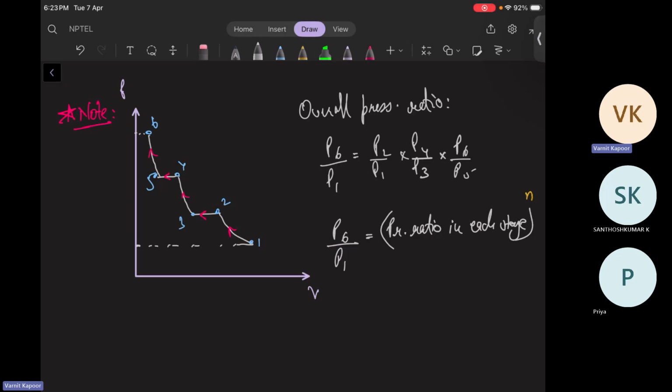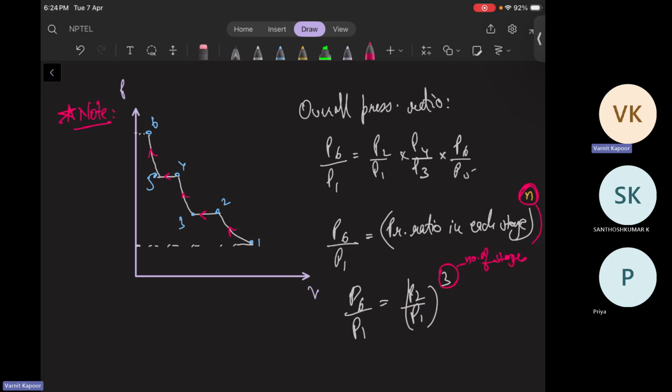So it can also be written as P6 by P1 is nothing but P2 by P1 power 3. This n is nothing but your number of stages.